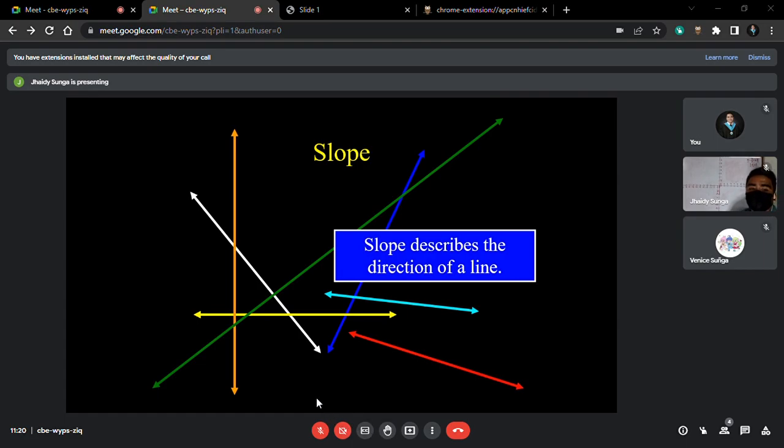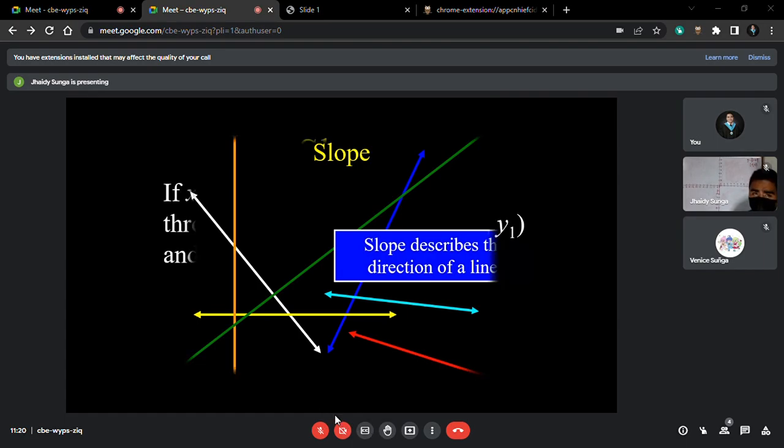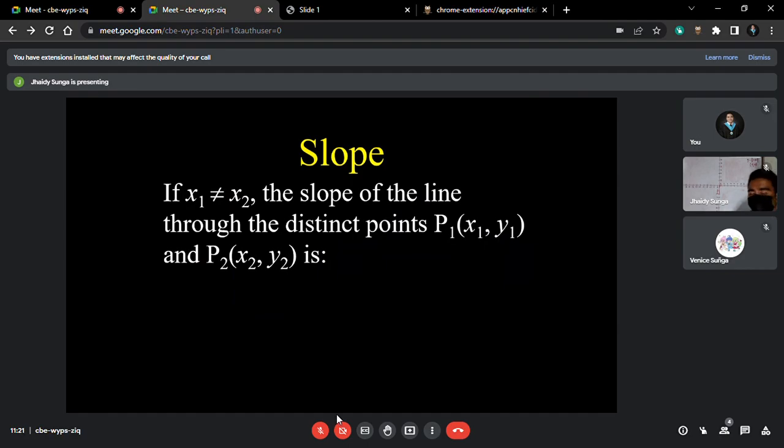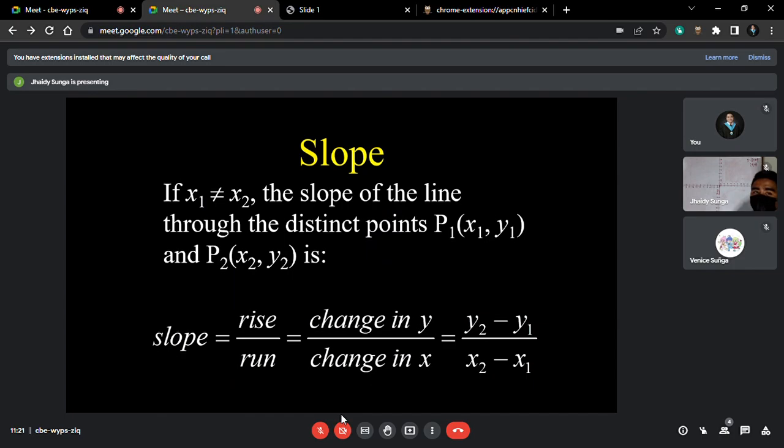Alright? So we could also say that if x sub 1 is not equal to x sub 2, then the slope of the line through the distinct points, point 1, or x sub 1 and y sub 1, that's the first point, and the second point, which is x sub 2 and y sub 2, is in this form.